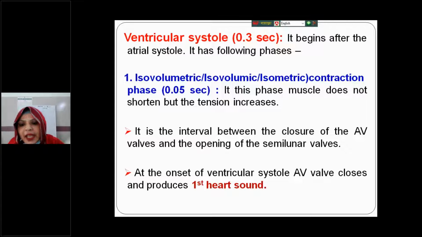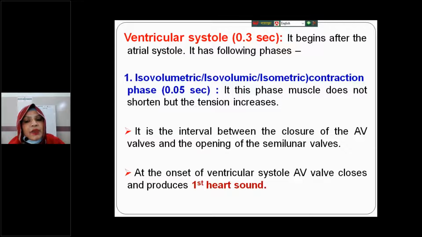Without closure of the bicuspid and tricuspid valve, you can't contract the ventricles. So first you have to close which valve? The AV valve. At the onset of ventricular systole, first you have to close the atrioventricular valve, that is the tricuspid valve and bicuspid valve. Whenever the AV valve closes, that is a sudden closure.